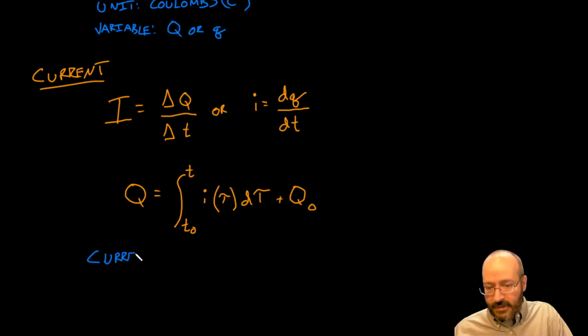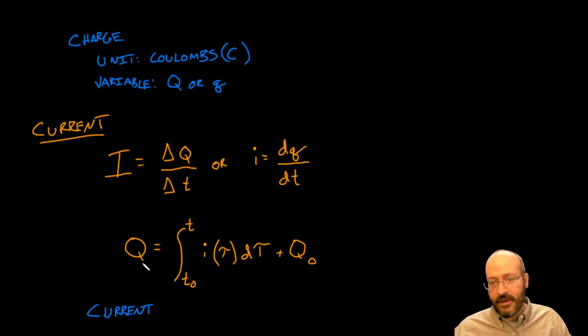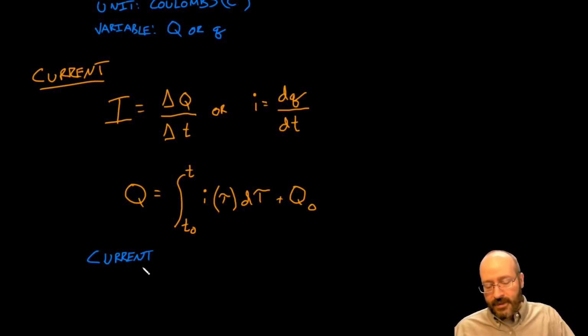Okay, summarizing this one, and this one has a little bit of a wrinkle to it. If we want to talk about current, did I underline up there? Nope, current. Then we're going to deal with the unit. And the unit is another dead guy. Hopefully I'm not offending anybody with that.